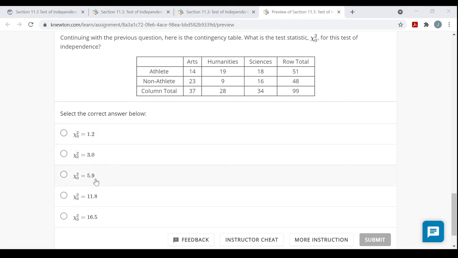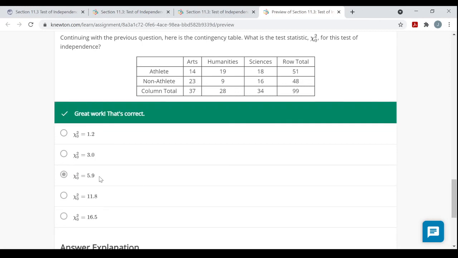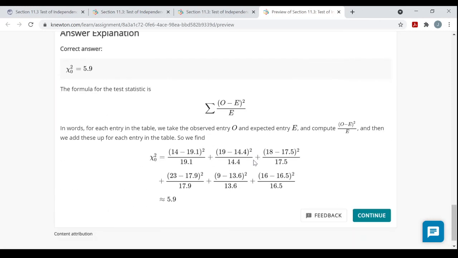So the closest one to the actual 5.79 is 5.9 here. And you'll see when you read through the answer explanation, the reason they're getting 5.9 is because they did a lot of rounding. They rounded all those expected values to 1 decimal place. That's why it's a little off of what I'm seeing on the calculator.